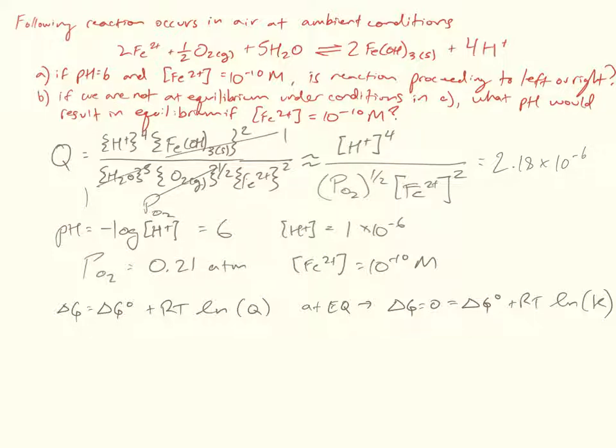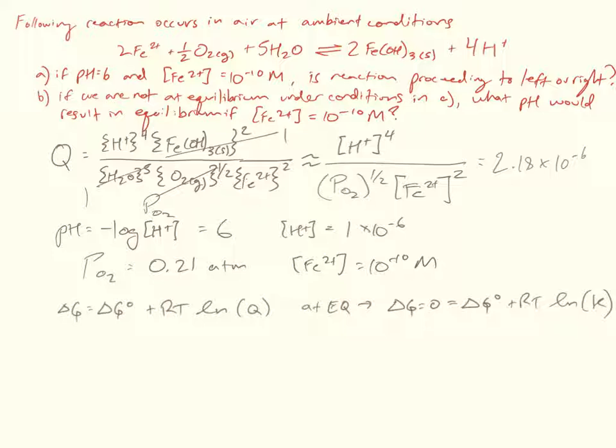So in order to calculate K over here, we know what R is and what T are. Those are just constants. So we're going to need to figure out what delta G0 is if we're going to calculate what K is. So let's go to our equation for what delta G0 is.